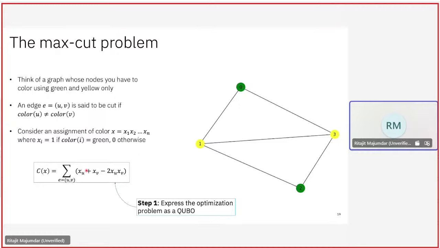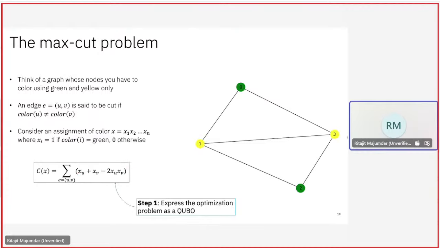Whenever I have an edge which is cut, one of them will be 1, one of them will be 0, and this product will always be 0 because one of these two has a 0 value. On the other hand, if I look into this one where both of them are yellow, and I put 0 here, both of them are 0, this product is also 0, so this is giving a value of 0.